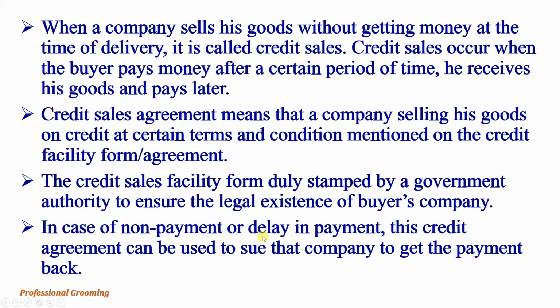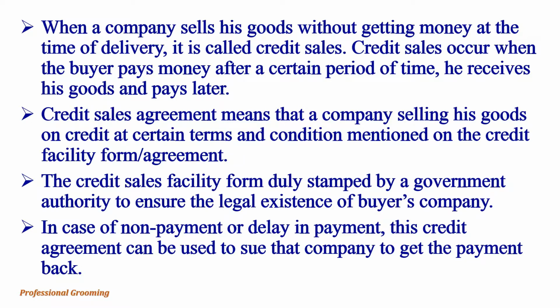In case of non-payment or delay in payment, this credit agreement can be used to sue that company to get the payment back. So we can sue in court if we have a legal stamp from a government authority on our credit sales agreement. If the buyer is not going to pay us, we can take him into the court to get our payment back.